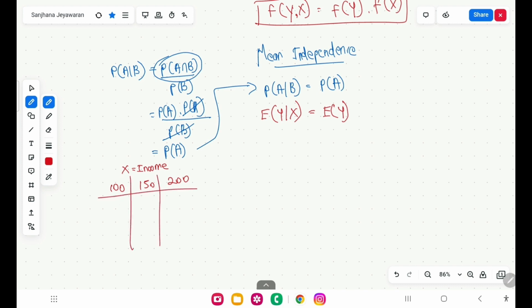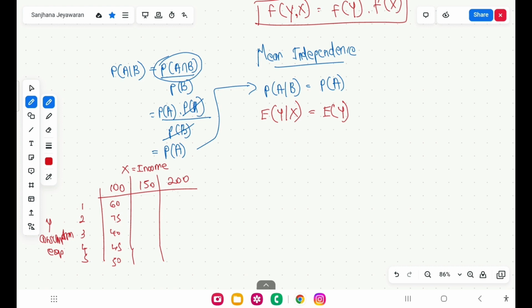So this was income. Then we took 5 families. This is their consumption expenditure. Then I collected 5 samples, right? So these are the details of the 5 sampled families. Then I went to 5 families who are earning an income of 150,000 and noted down their consumption expenditure.